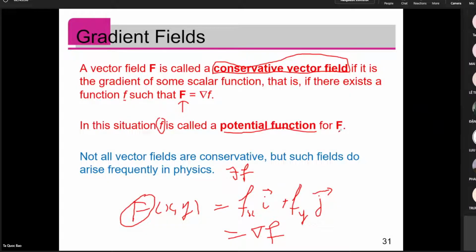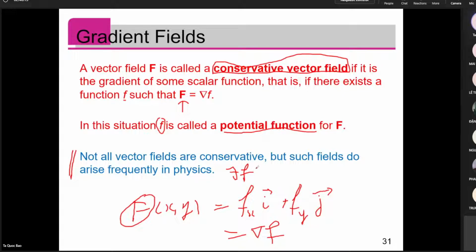is called the potential function of F. So we should remember that not all vector fields are conservative, but some vector fields are conservative vector fields. Remember, not all.